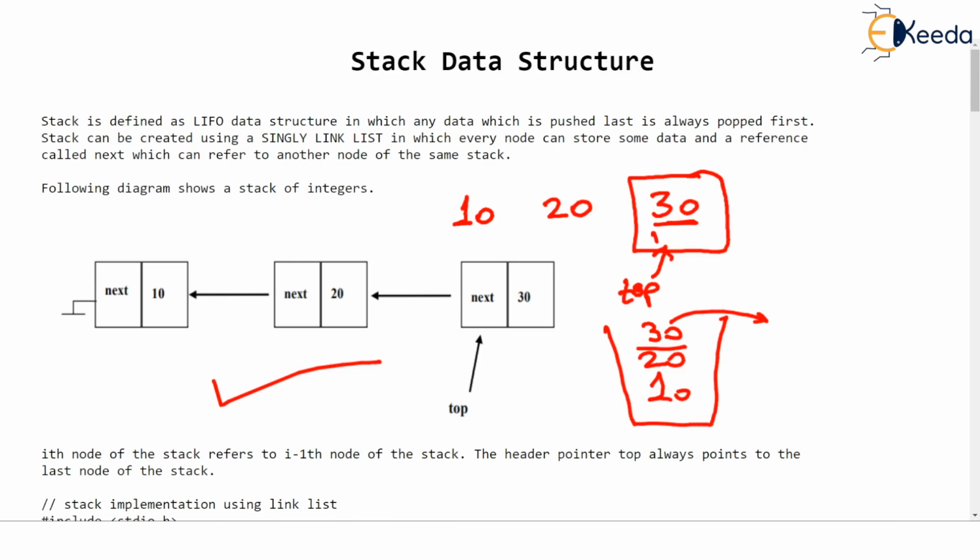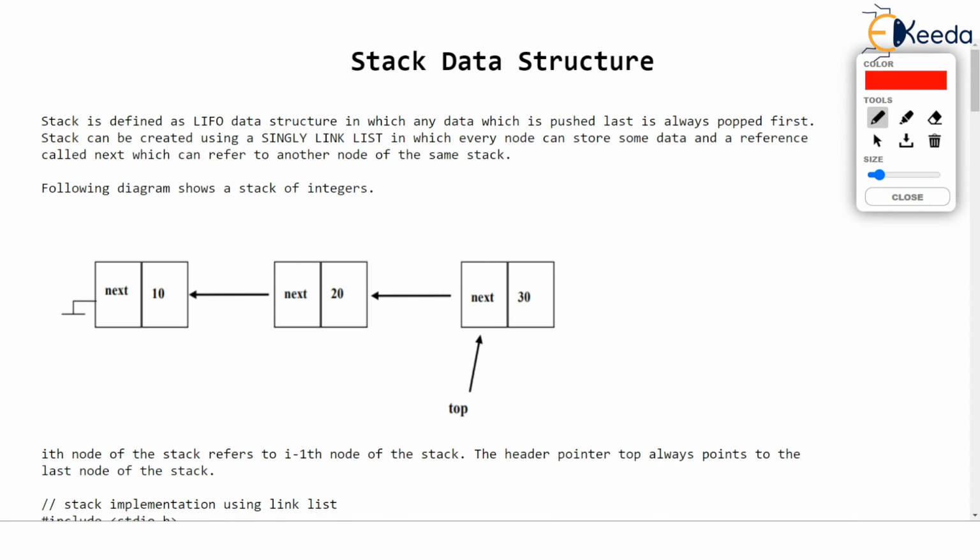Now this node has a pointer called next, and next will point to the 20 inserted. Now this node 20 will have again a pointer called next, and this will point to the previous node, that is 10, which stores next. And this next cannot point anywhere, so this will be null. Observe that's the diagram that has been exactly drawn.